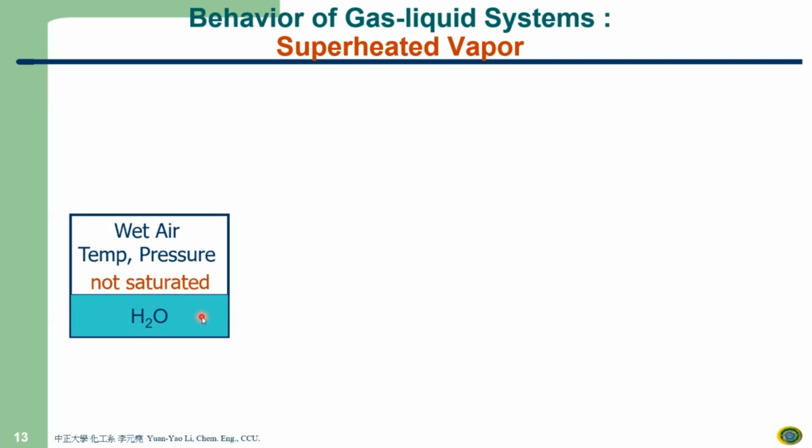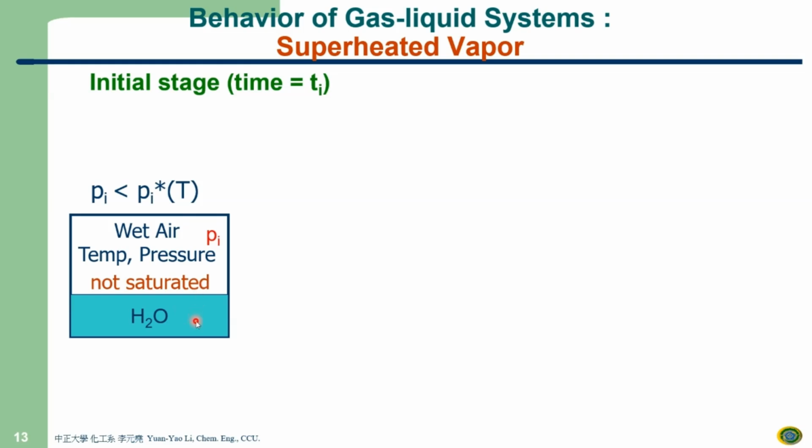You have a lot of water in this system. This is the initial stage, time equal to Ti, where i stands for initial. The vapor pressure is Pi, and of course Pi is less than Pi star, because it's not saturated.